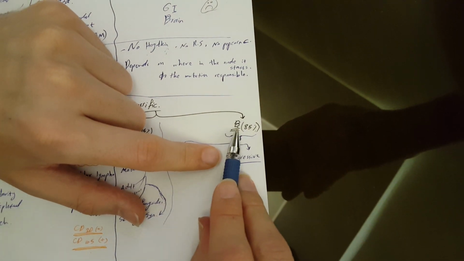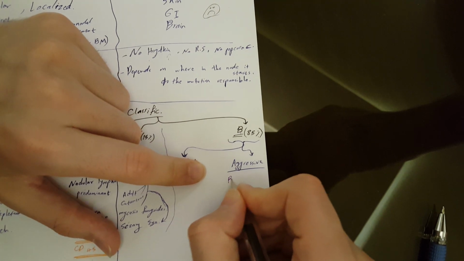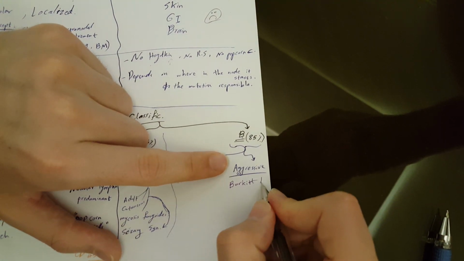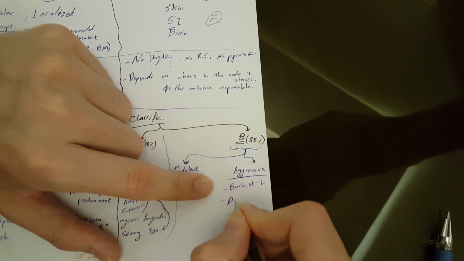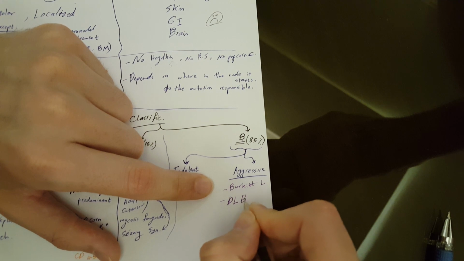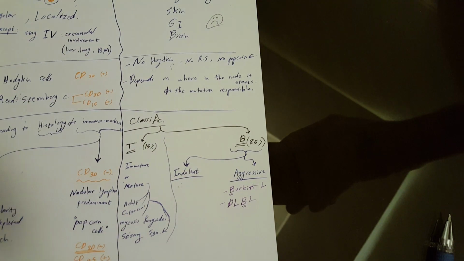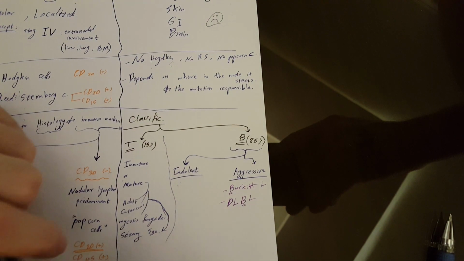The aggressive ones are really easy. Aggressive B will have a B in them. So B, Burkitt. So Burkitt lymphoma. And the other B is diffuse large B lymphoma. So you always have a B in the aggressive B type. Okay? DLBL and Burkitt.